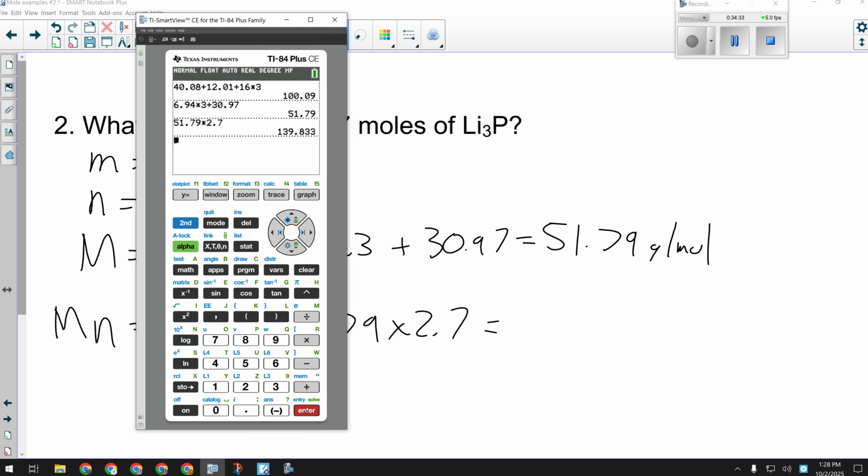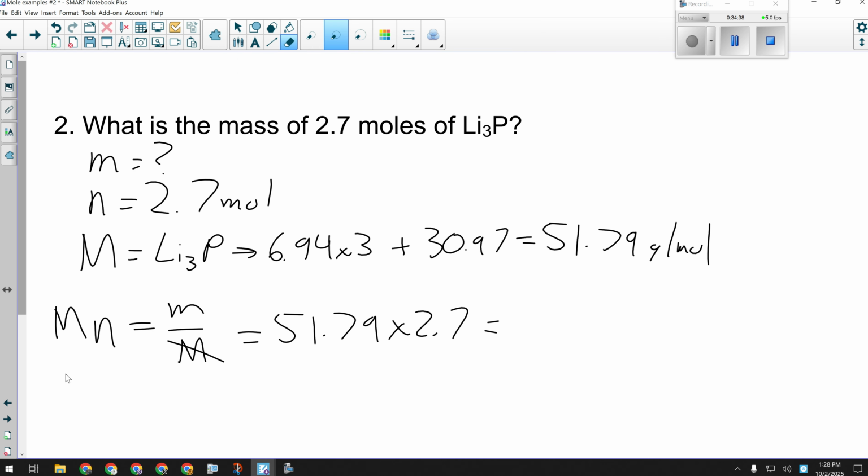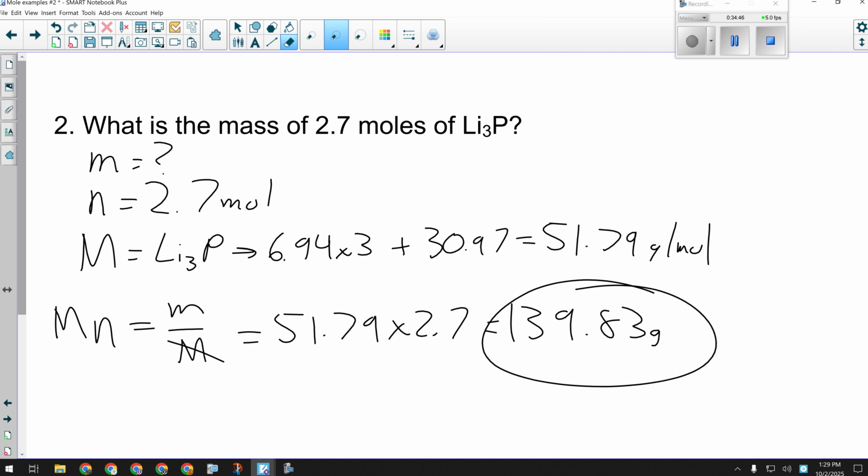Okay, so 139.83. 2 decimal places is always good enough on these. And what are the units for that going to be? Grams. Okay, questions on number 2? All right, I'll put 3 and 4 back up there and give you a couple more minutes.